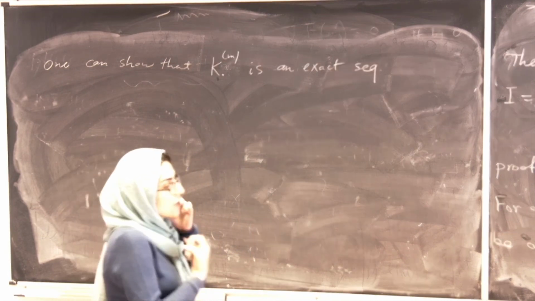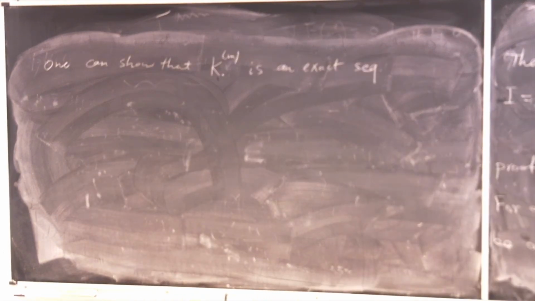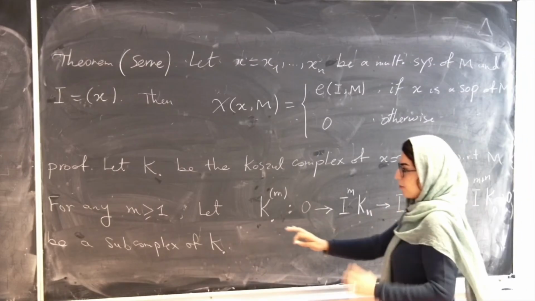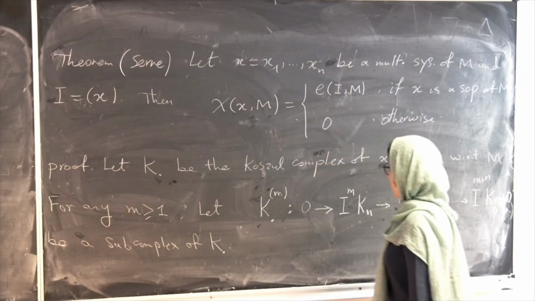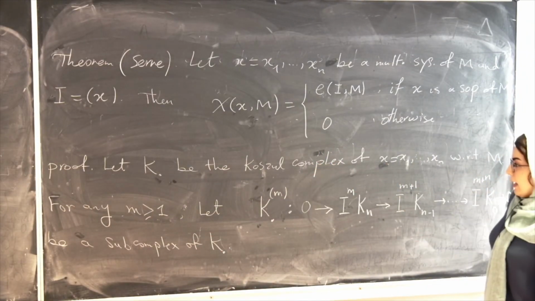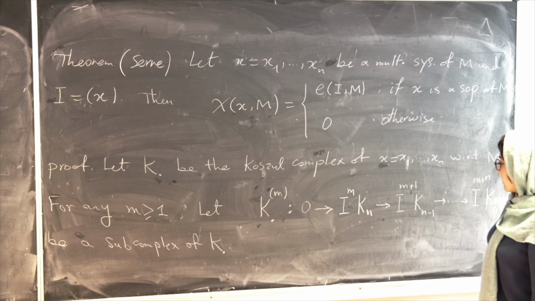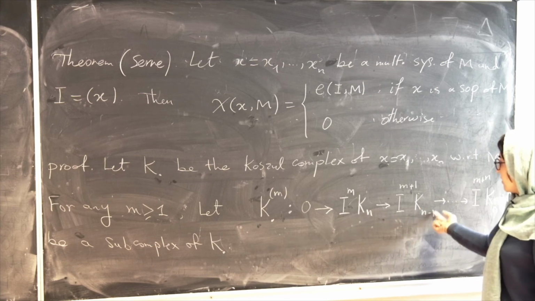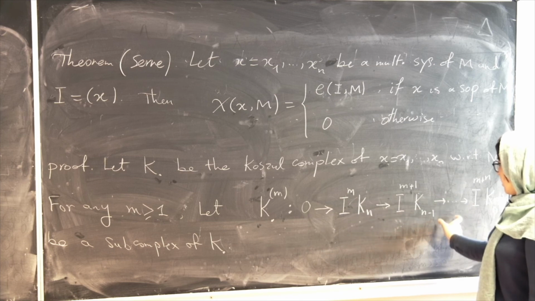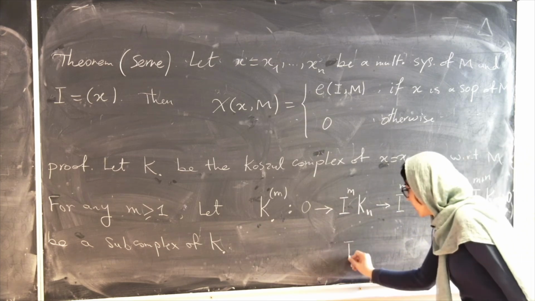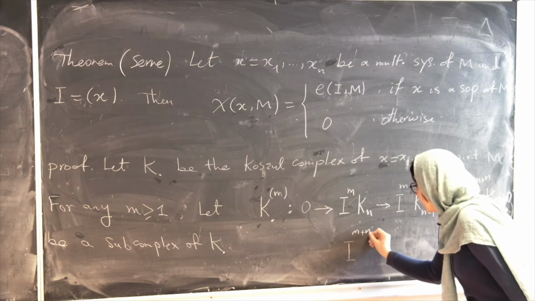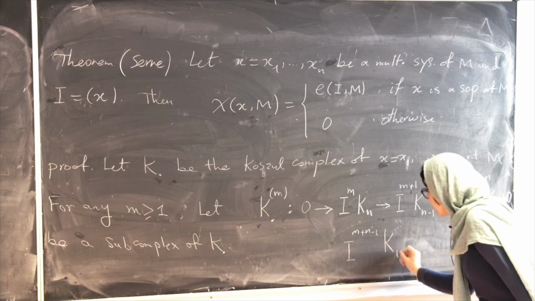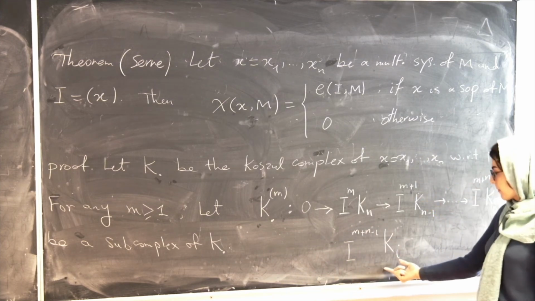This can be checked easily because these maps are the same maps that come from the Koszul complex. When you choose an element in the kernel, for example, in the i-th place, I have this module.